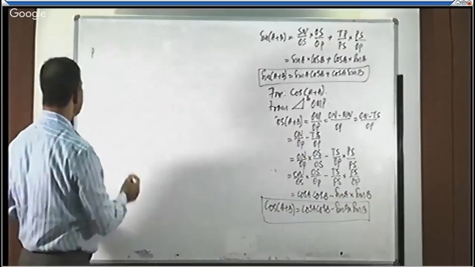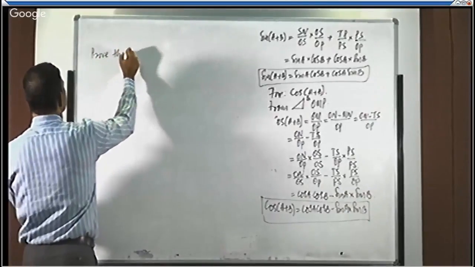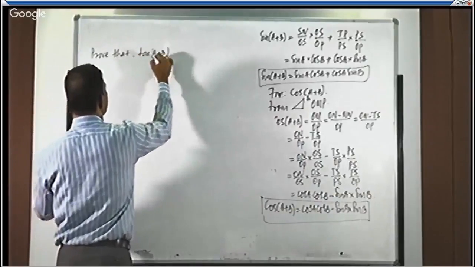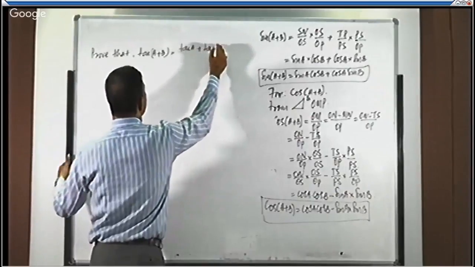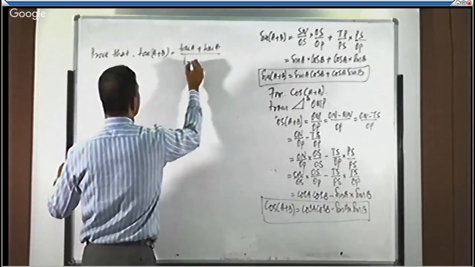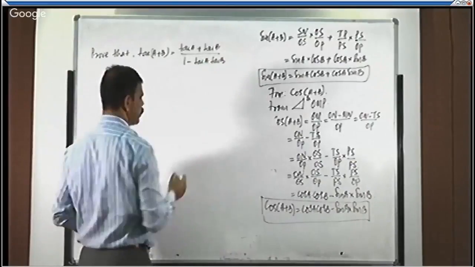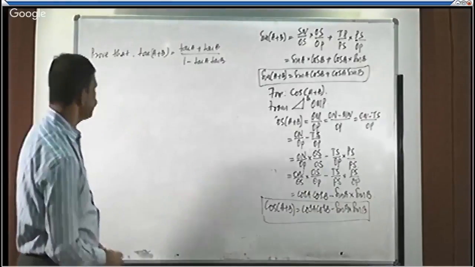Otherwise, you can derive it directly. Prove that tan of A plus B is equal to tan A plus tan B divided by 1 minus tan A tan B. Tan of A plus tan of B divided by 1 minus tan A tan B.